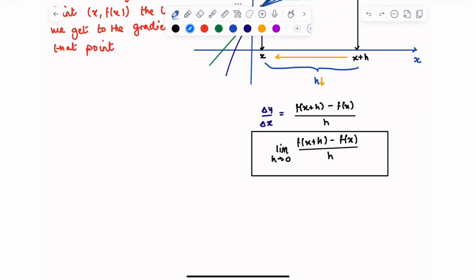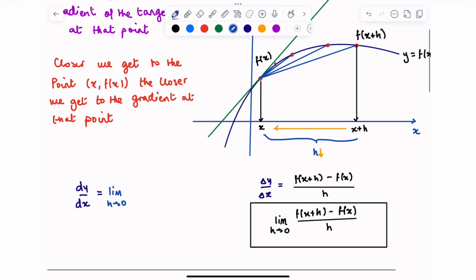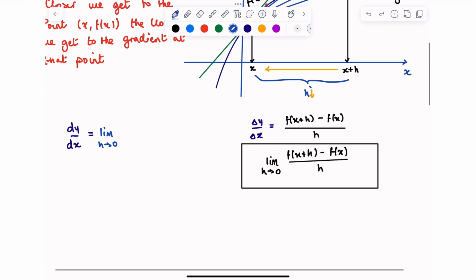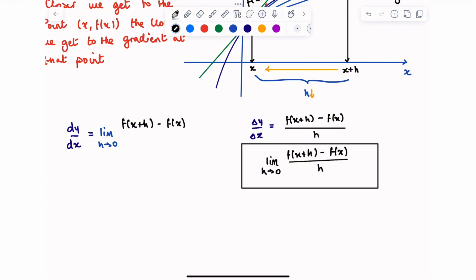So the derivative has many ways of writing it down. This change in y by change in x becomes dy by dx. It changes from the delta symbol to dy by dx. And that is equal to the limit as h goes to 0, which is the idea of getting closer and closer to this point, so shrinking our h, of simply f of x plus h minus f of x all divided by h.